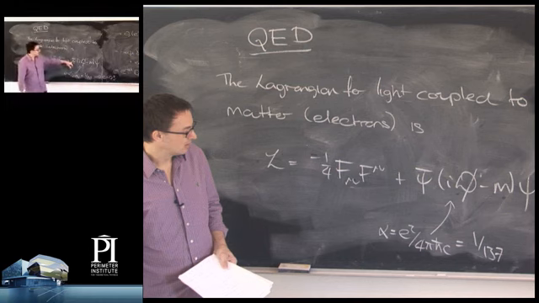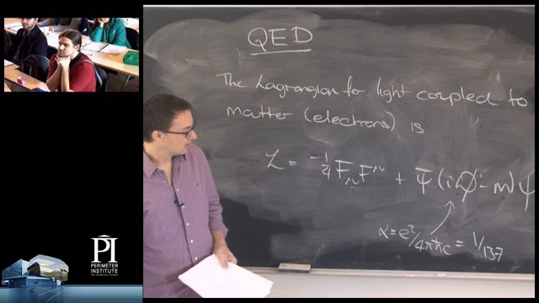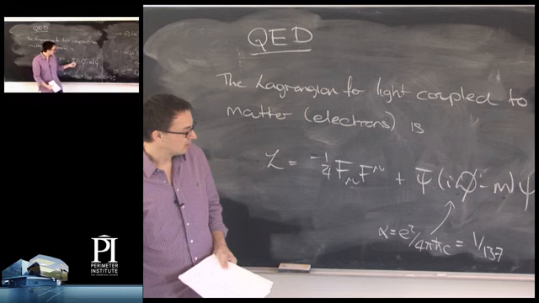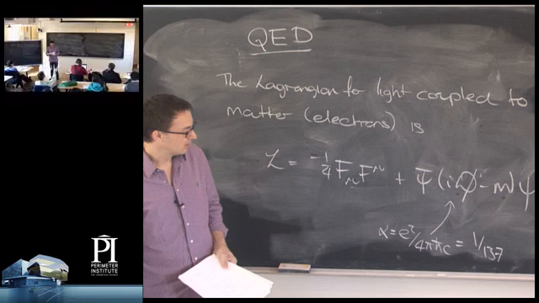Then you introduce a field for protons, and you couple it as so. Exactly what you write down depends on what you're interested in, but in your fundamental theory, there are fields for quarks, fields for muons, taus, electrons, and they all couple to each other. Other questions?